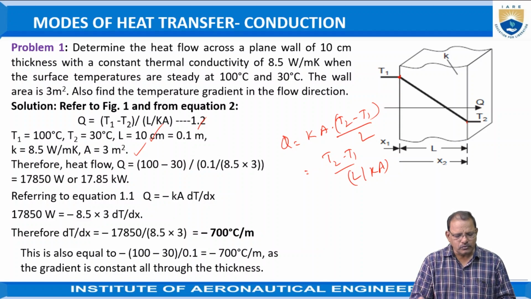Here the gradient is negative because the heat energy flows from higher temperature to lower temperature. So, (100 minus 30) divided by L, which is 0.1, divided by K, which is 8.5, and the area is 3. Substituting these values, we get 17,850 watts, or 17.85 kilowatts.